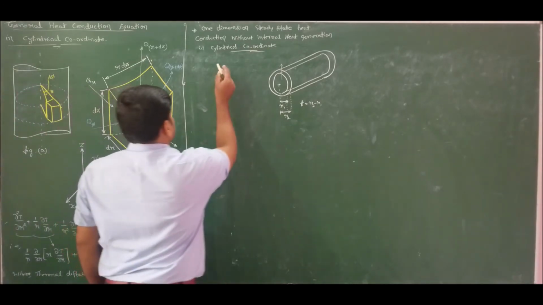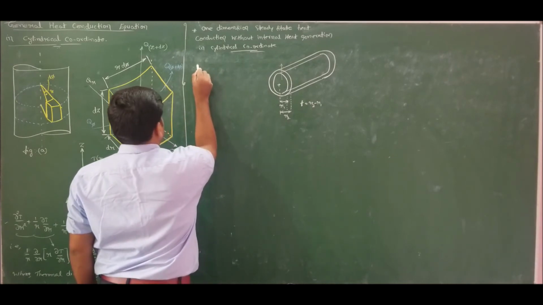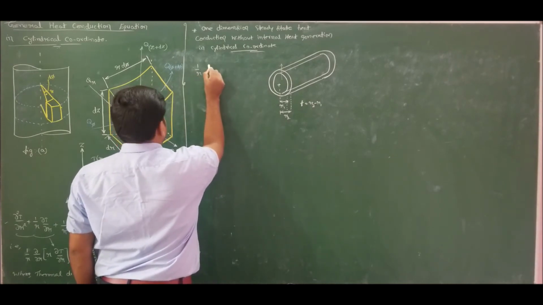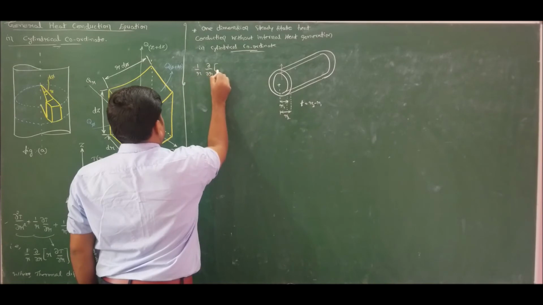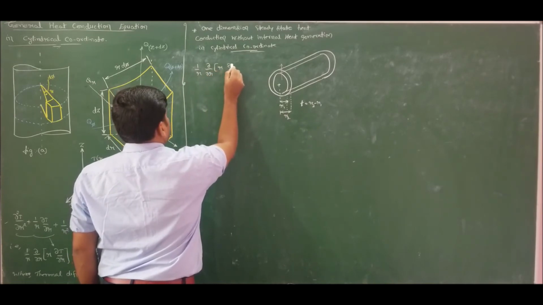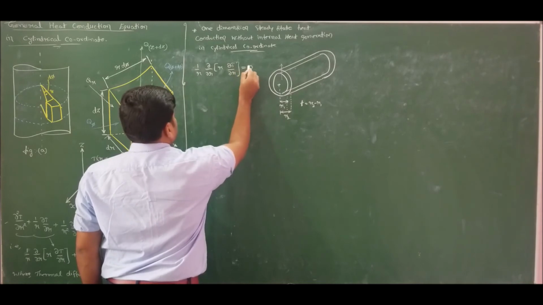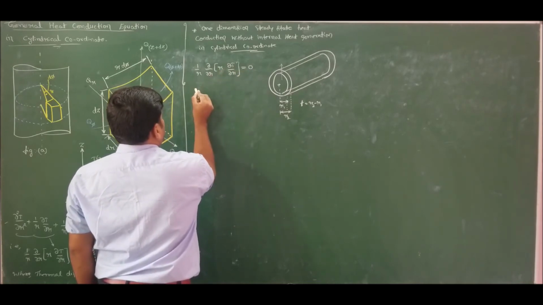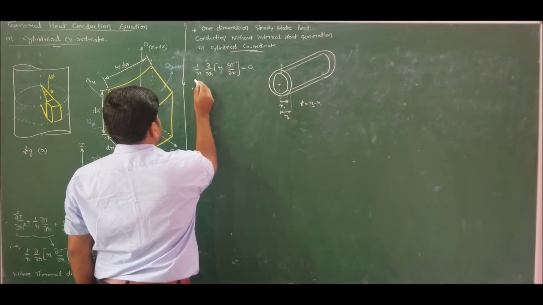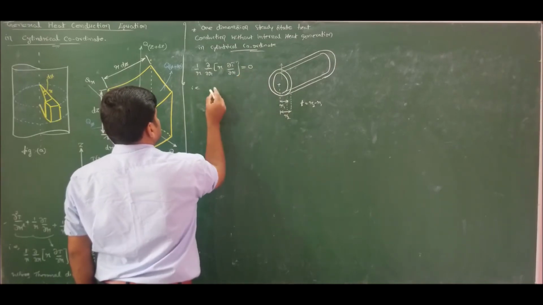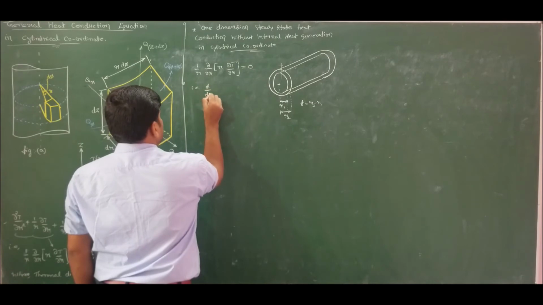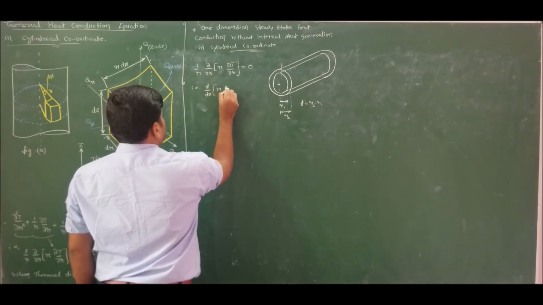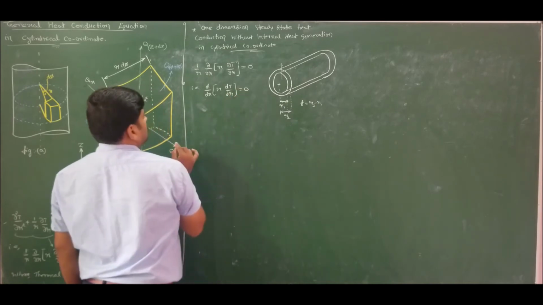So hence the equation will be reduced to 1 by r dou by dou r of r dou T by dou r, which is equal to 0. Since temperature is a function of r alone, I can send r to RHS, and it will become d by dr of r dT by dr, which is equal to 0.